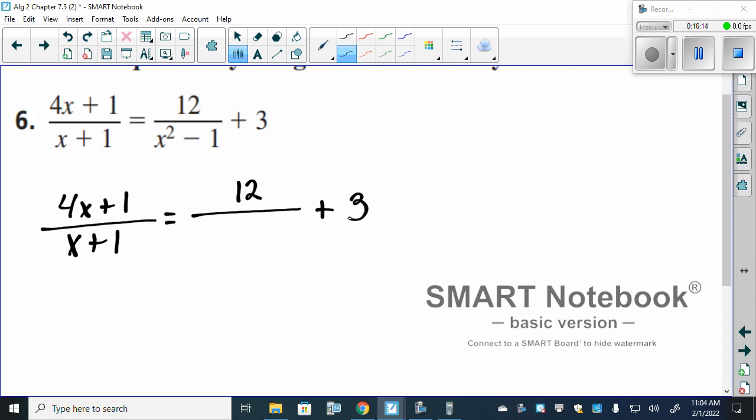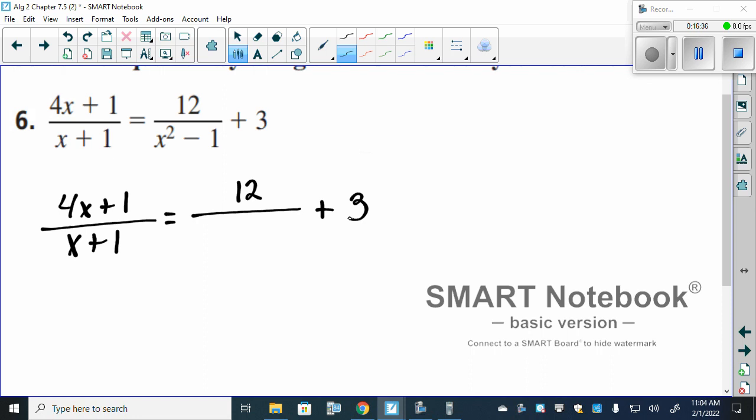Now, before we start this and start working through this, or even finding the restrictions, we do need to factor the x squared minus 1. Because if there's any spot or any one of these that will factor, we need to factor them down. Because we don't want to add any extra factors in our multiplication across each term.